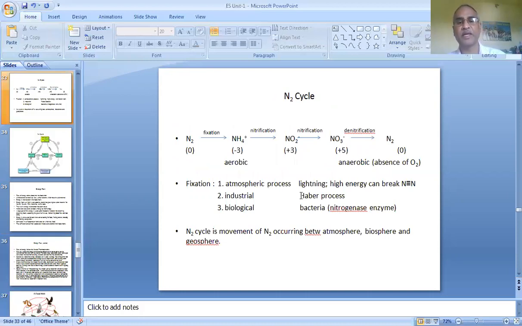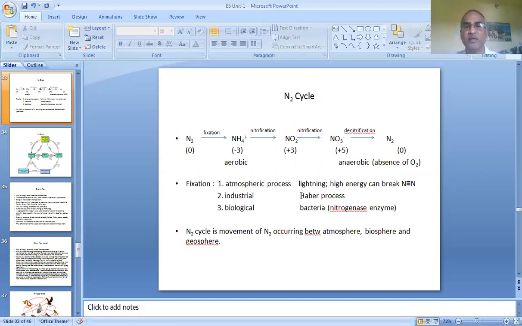Now, let me consider the nitrogen cycle. Nitrogen is present in the atmosphere up to nearly 80%, but unfortunately, that cannot be directly used. Why? Because nitrogen has a triple bond.